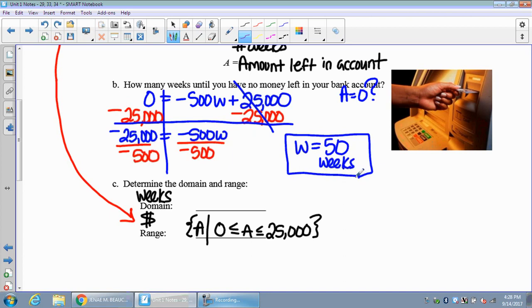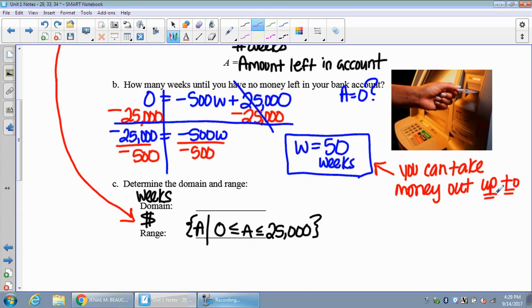So what this is saying is you can take out up to 50 weeks. So that's going to be 0 to 50.